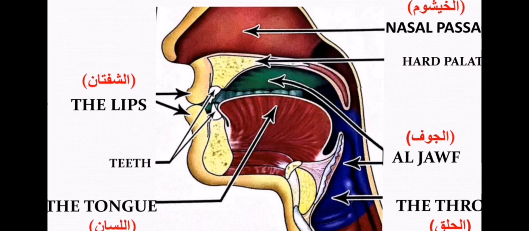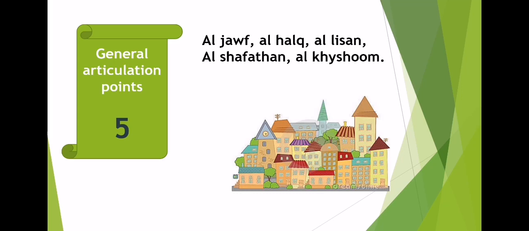The lips are also shown here, which is another general makharij, and the lisan is also shown here, and the throat is shown here, and the khayshoom is clearly shown in the red area. So these are the 5 general makharij. Additional parts are also labeled here for us to understand, and we will study them in detail in the coming classes, inshallah. I have already told that there are 5 general makharij which aid in our pronunciation of the Arabic letters, right?